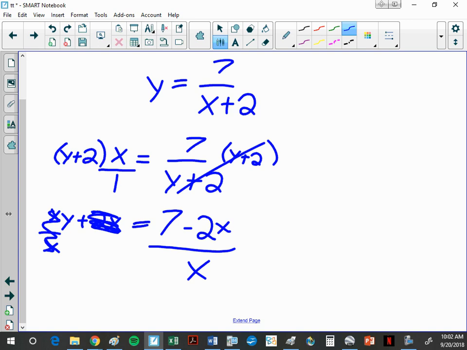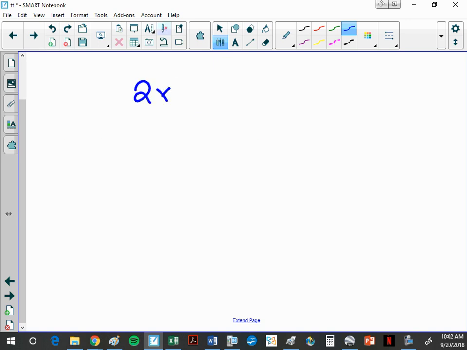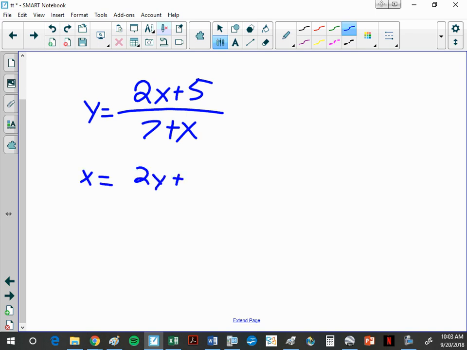Okay. Look at 52. 2x plus 5 over 7 plus x. Now this is kind of tricky, but we're going to do the same thing. x equals 2y plus 5 over 7 plus y. And there's one little trick here that makes it a little bit harder.